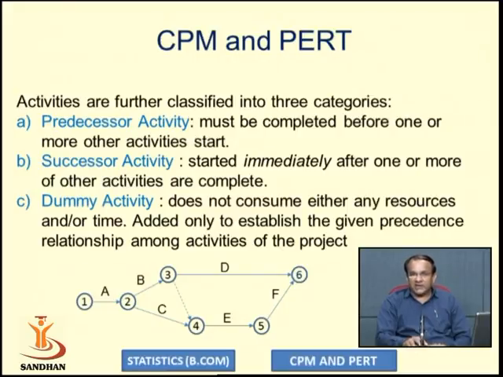And an activity which does not consume any resources or time, and is added only to establish the given precedence relationship among the activities of the project, is called a dummy activity. A dummy activity in a network diagram is denoted by a dotted line, while an activity is denoted by a solid arrow.